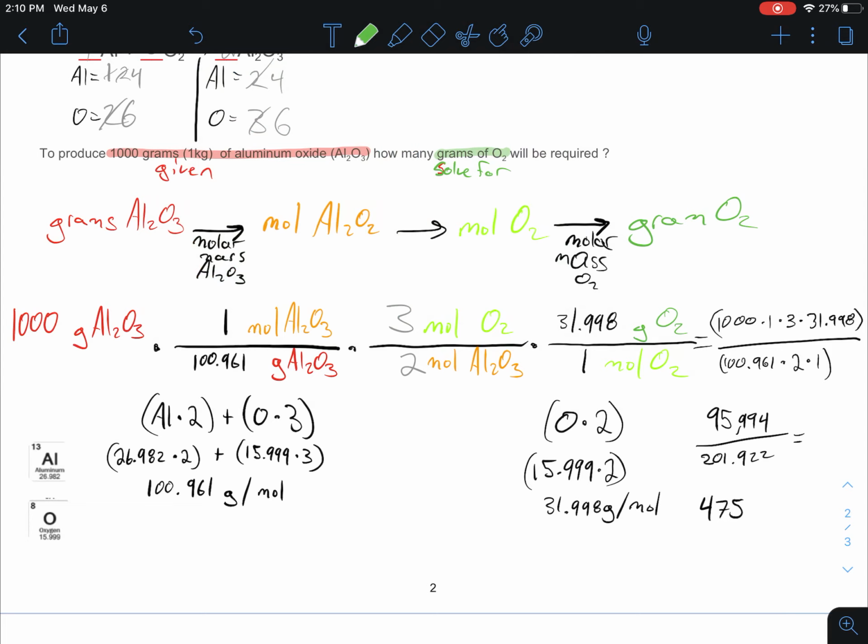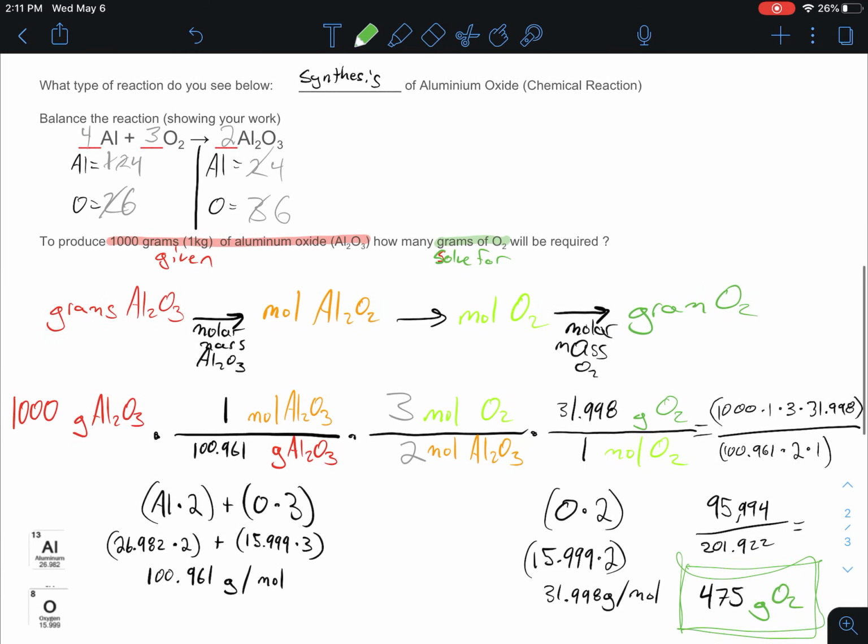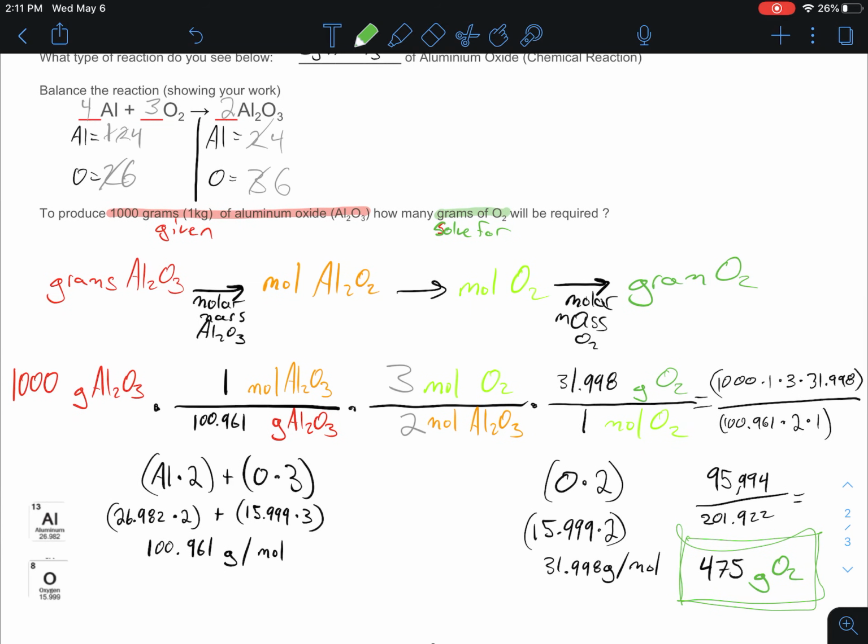What are my units? The units should be the only thing that survived the canceling up above. There's going to be grams of O2. Again, pause to make sure that makes sense. You're looking for the amount of one of your reactants to produce a given amount of product. 475 is less than the total amount of product.